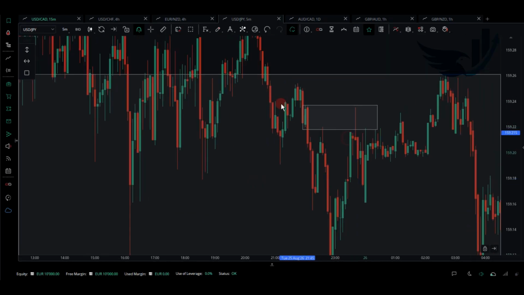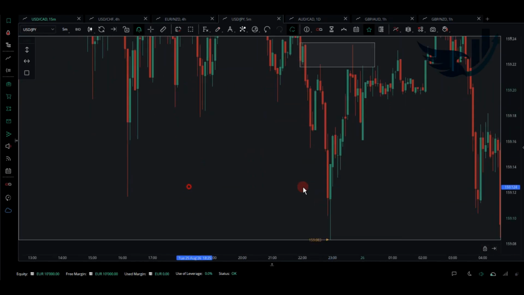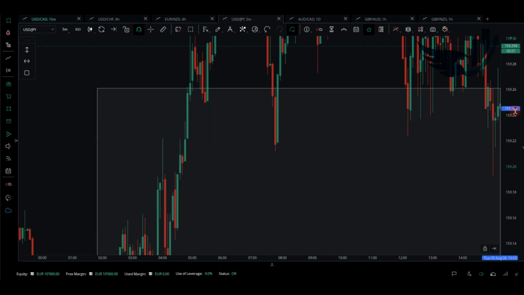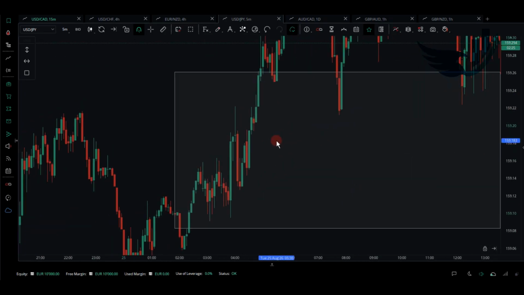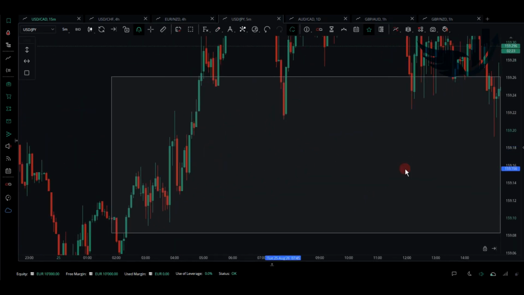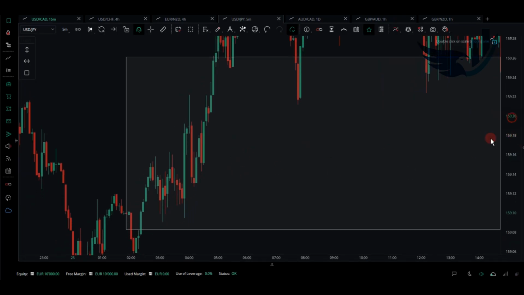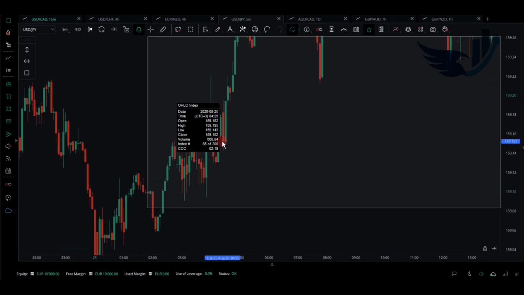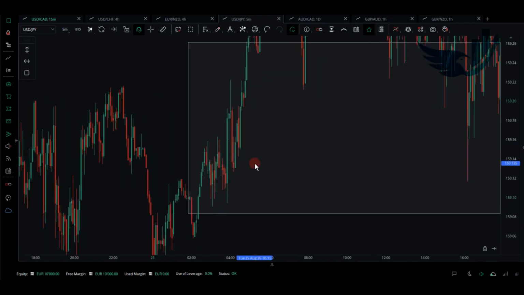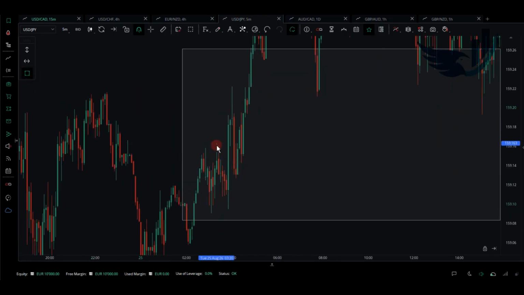Since I don't see anything here in the second leg, I change the scale to this side, which is the third leg. And here I see a small, well, it's not that small, but it's a kink.